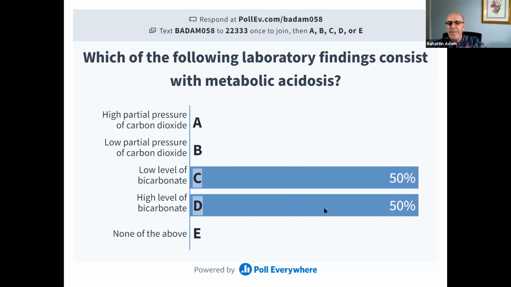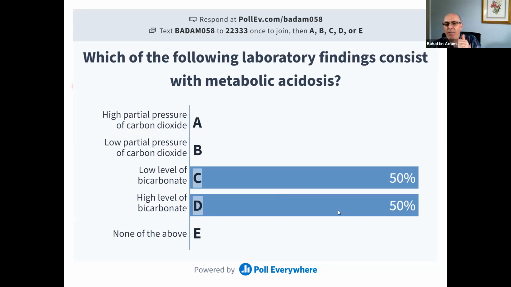If you have a higher level of bicarbonate, it results in metabolic alkalosis. If the acid-base imbalance is related to bicarbonate, that means it is metabolic.